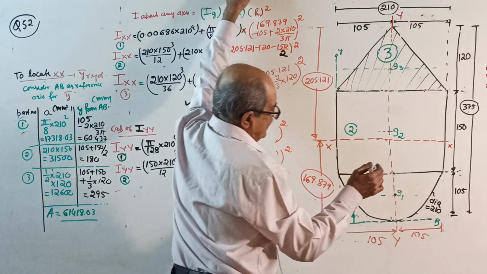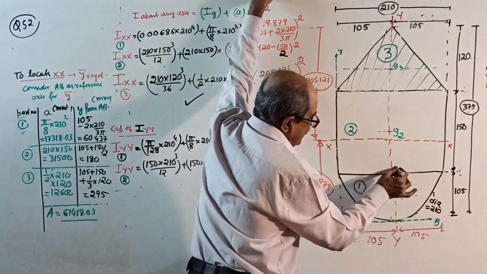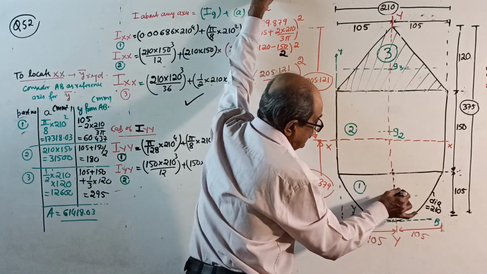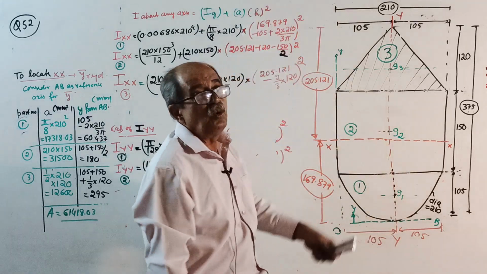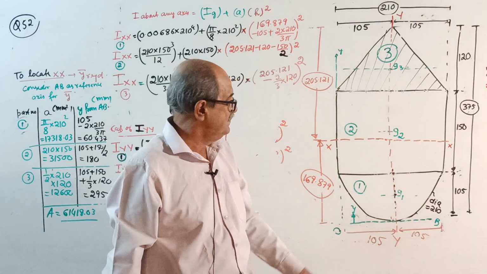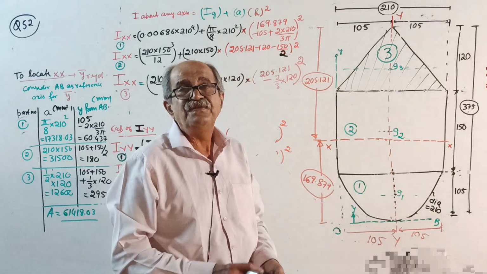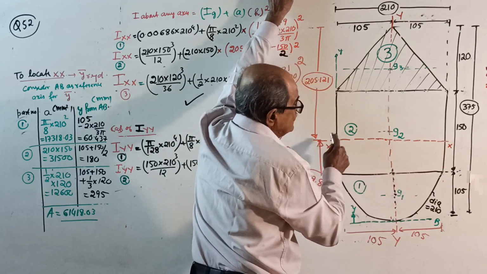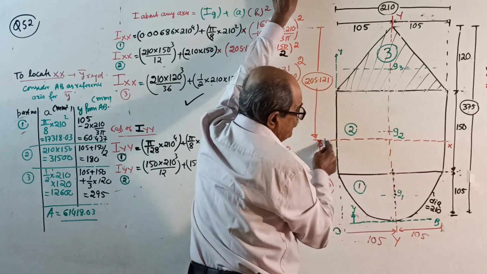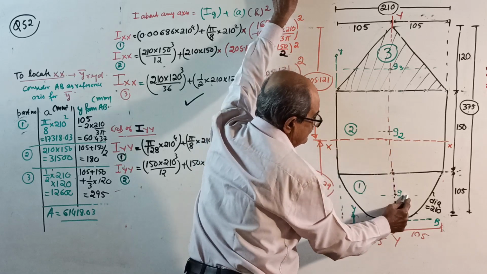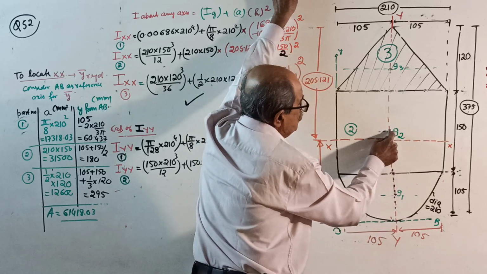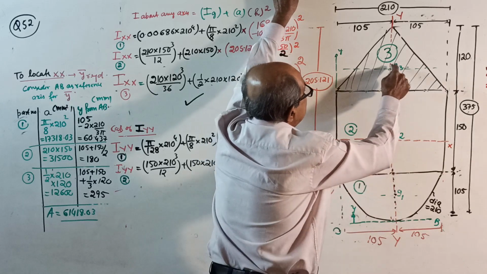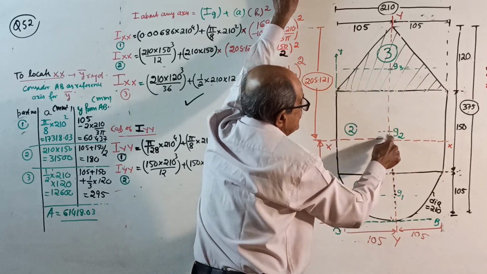Start. Here, see. First, I about its, now the centroidal axis coincides with YY. Your G1 lies in YY. G1 is not lying in XX. So when you want I about XX, from G1 to XX, this distance square, G2 to XX, this distance square, G3 to XX, this distance square.